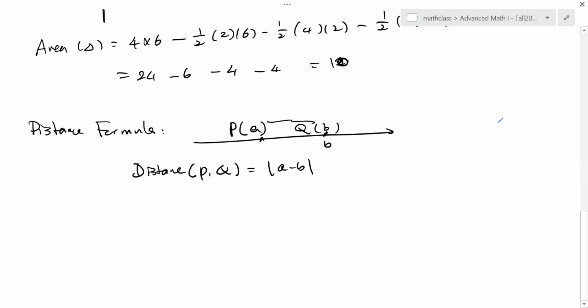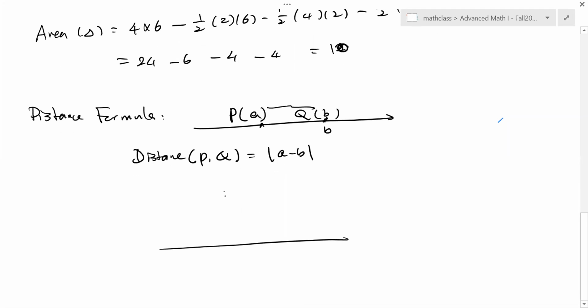But now for two points in the plane, here's a point called P1 with coordinates A1, B1, and that's another point, P2, with coordinates A2, B2.